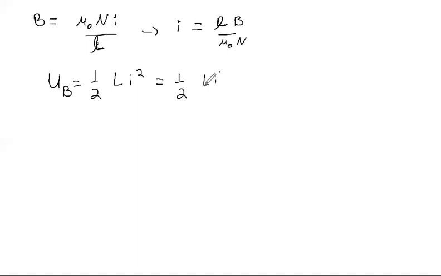I apologize, it's getting late. This would be the length of the solenoid times B squared divided by mu naught squared times N squared.